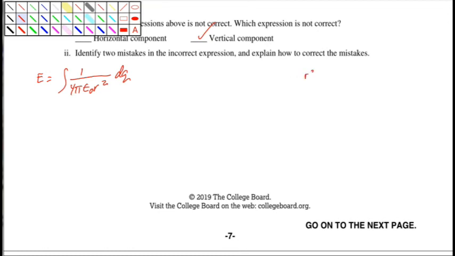So r squared is going to be equal to x squared plus c squared. That's just the Pythagorean theorem. And from earlier, we also know that lambda is equal to dq over dx, which means that dq is equal to lambda dx.